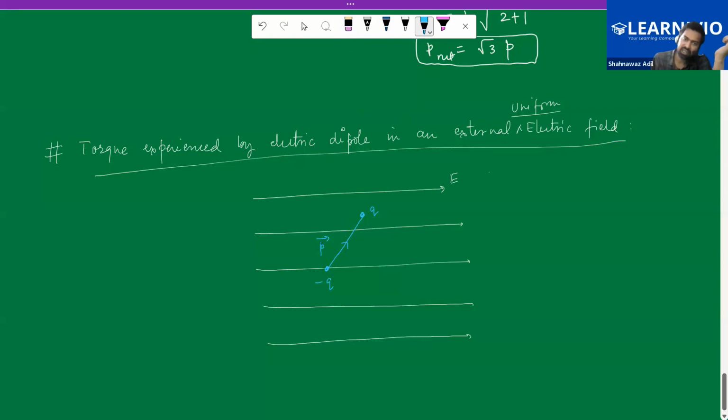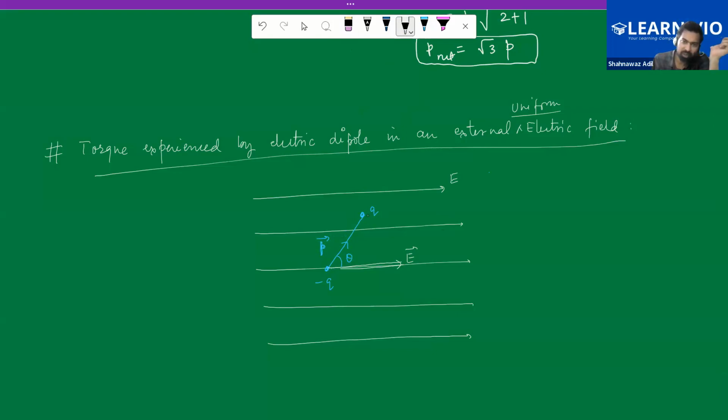So you see that this dipole moment is making an angle theta with this electric field. The direction of the electric field is this. So this is the electric field, this is the dipole moment, and we will have some force experienced by these two charges.